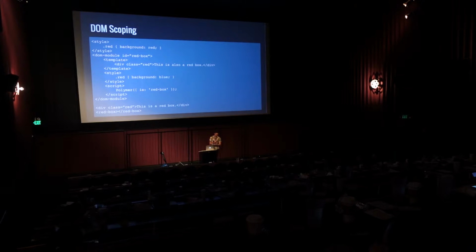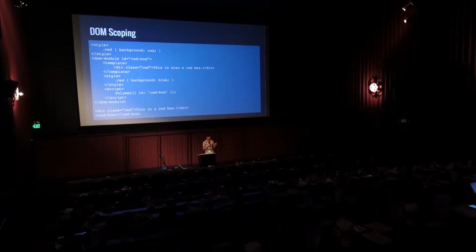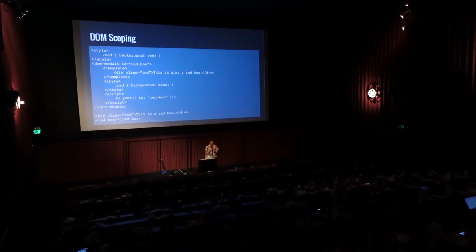DOM scoping, this is one of the really cool features. It also kind of gives you a different way to organize your code. So we'll use the CSS scoping as an example. Globally define a class of red, gives you a background of red. As you see at the bottom, the div that has a class of red will have the background of red, but when you create a custom element with the Shadow DOM, we'll call it redbox so that we can just have a redbox HTML tag.